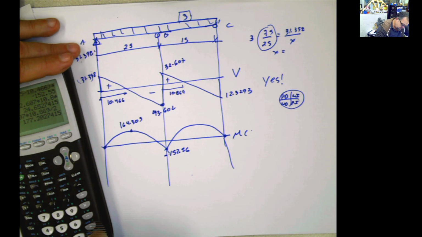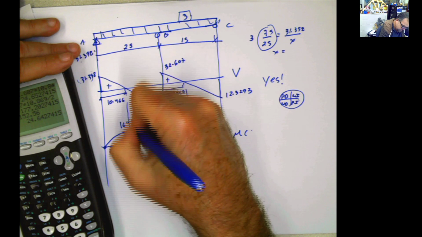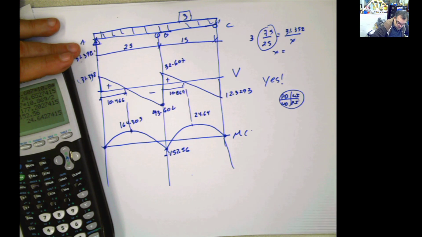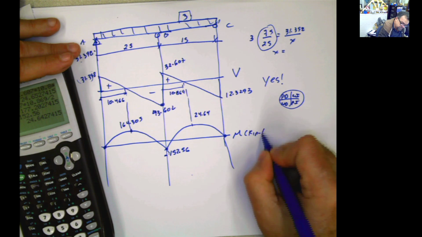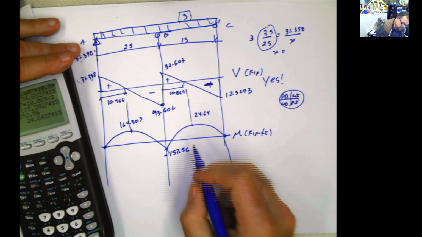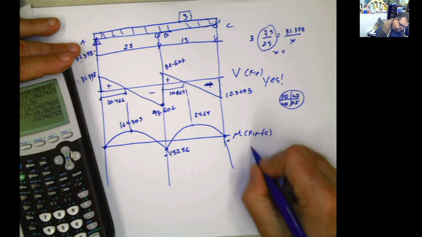Yep, apparently it is minus 152.56, 24.64. And just for the sake of checking if this is correct, let me subtract this area, minus 15 minus that, 15 minus 10.869 times 12.3293 divided by 2, and that's going to be 0.